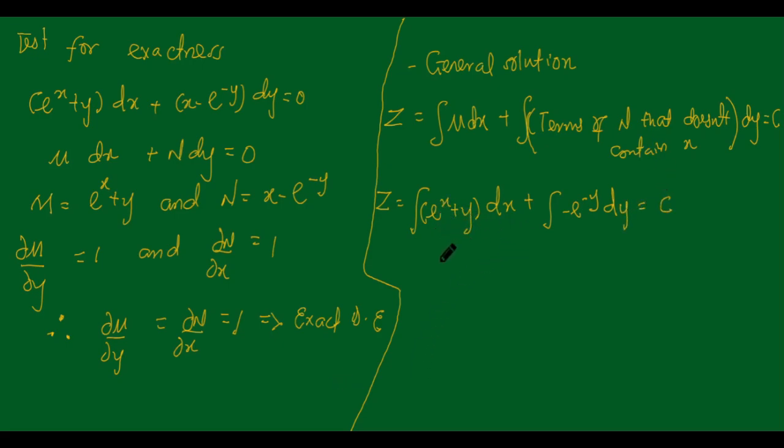We can now integrate both sides of the expression. So we have e raised to the power x plus xy plus minus e raised to the power minus y divided by minus 1 is equal to c. So we have that Z is equal to e raised to the power of x plus xy plus e raised to the power of minus y, and this is equal to c.